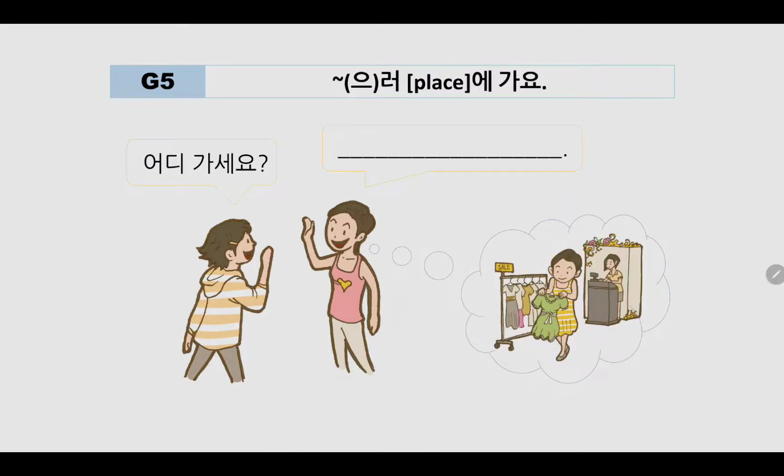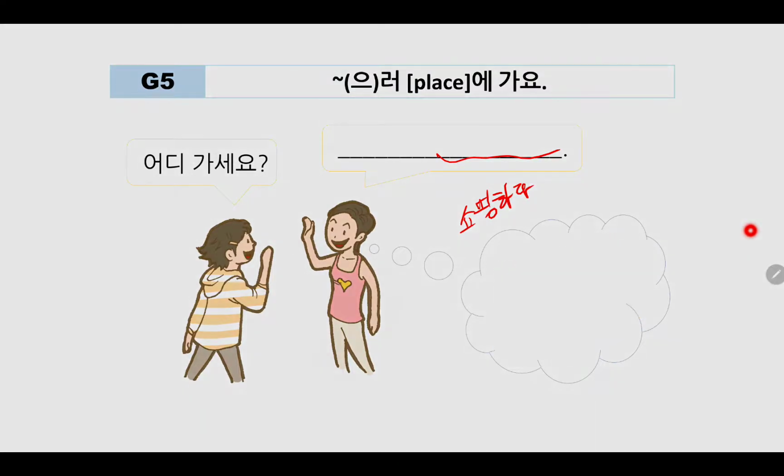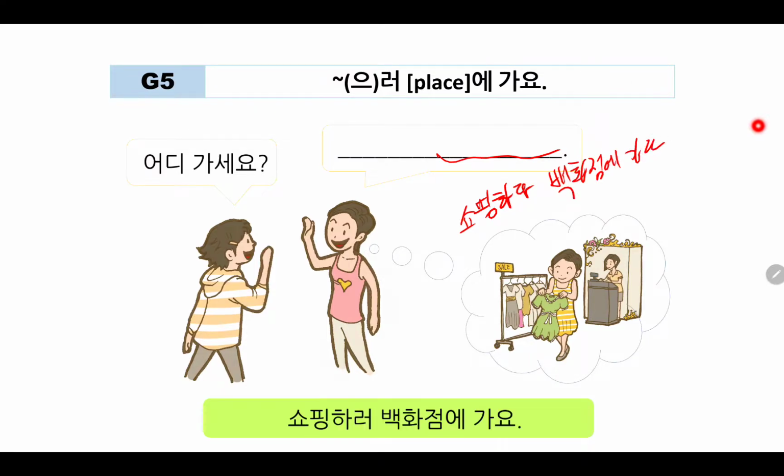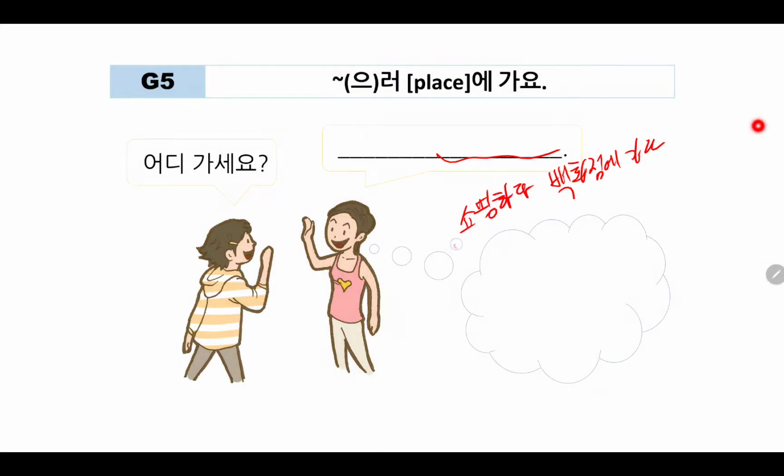어디 가세요? You're not going home. You might just go shopping, and you don't shop at your home. So you are thinking of 쇼핑하다, and maybe you're going to a department store. Going to a department store would be 백화점에 가다, right? Okay. Since you're going to the department store in order to shop, you have to put the purpose in front of it and conjugate it with 으러, right?